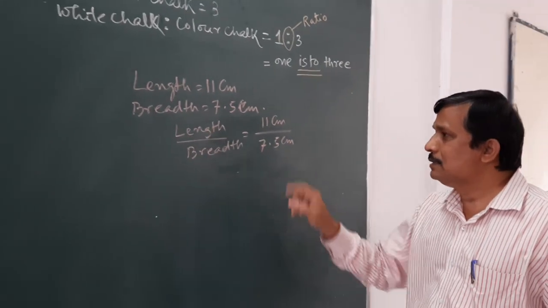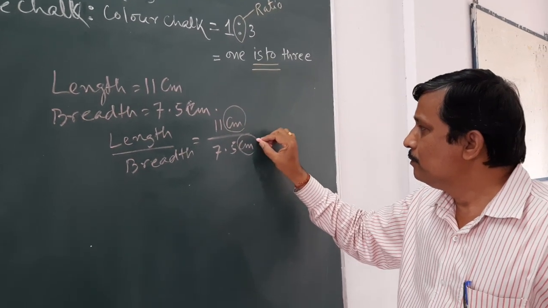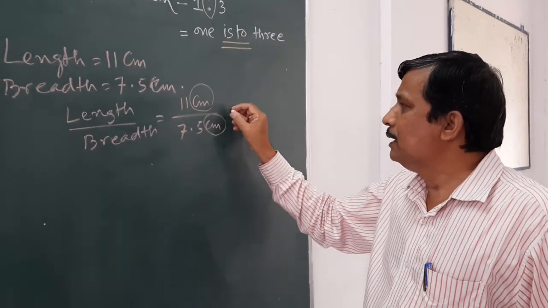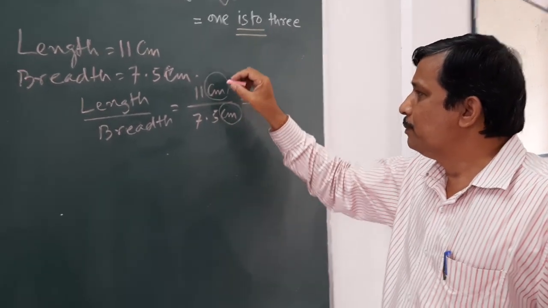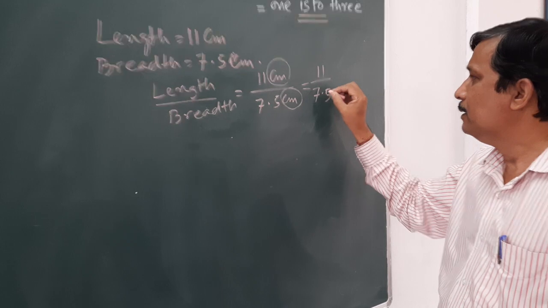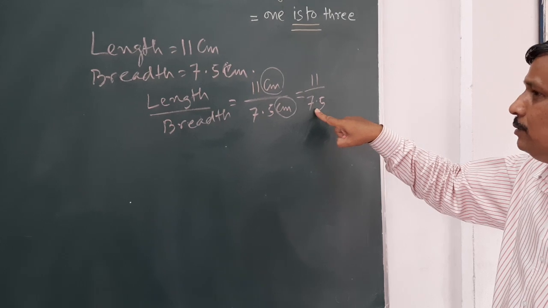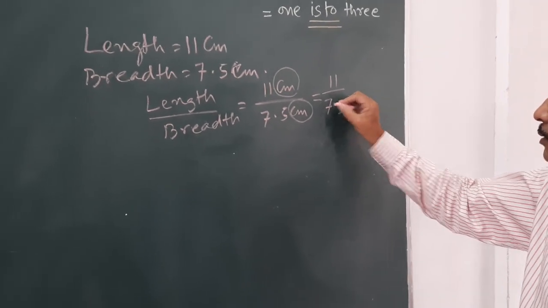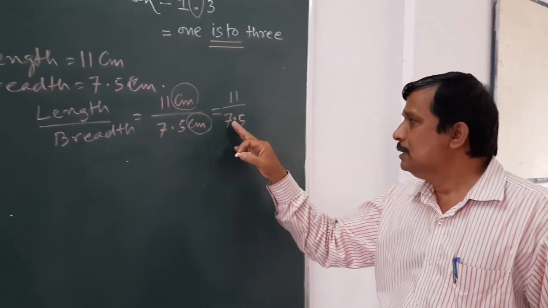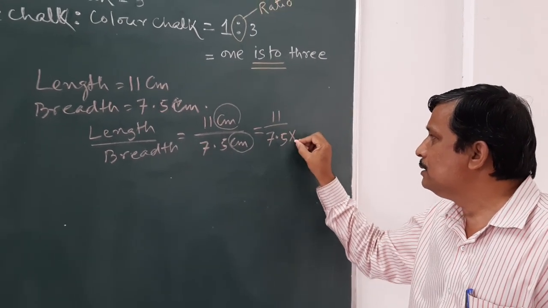You see here in this example, both units are the same, so you can cancel out the centimeter. Only the problem is the decimal point. So you have to remove this decimal point so that we will get a ratio. You know how to remove the decimal point: when there is one digit after the decimal point, you multiply by 10.